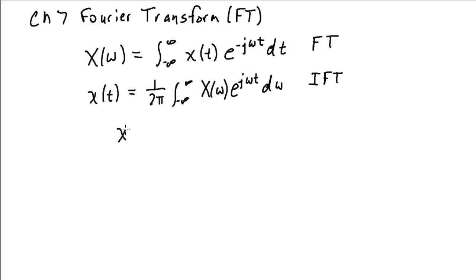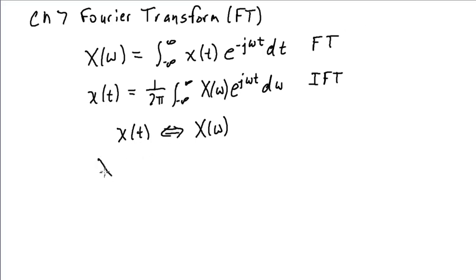Some other notation that you may see: x of t transforming to X of omega. Again, the convention we'll use is that a lowercase x represents the time domain signal, and a capital X represents the Fourier transform. You might also see this written slightly differently.